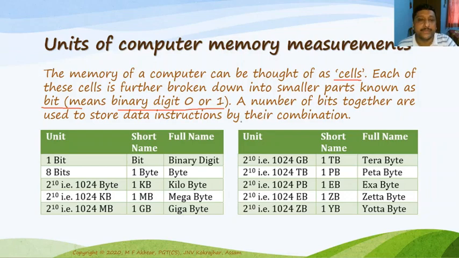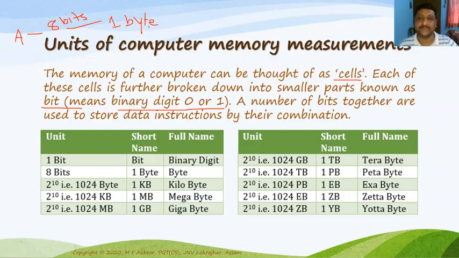Now a number of bits together are used to store data or instructions by their combination. Suppose we want to store the letter A. Then how much memory is needed? A total of 8 bits is needed to store it. Any combination of 8 zeros or ones is needed, and this 8 bits is known as 1 byte.